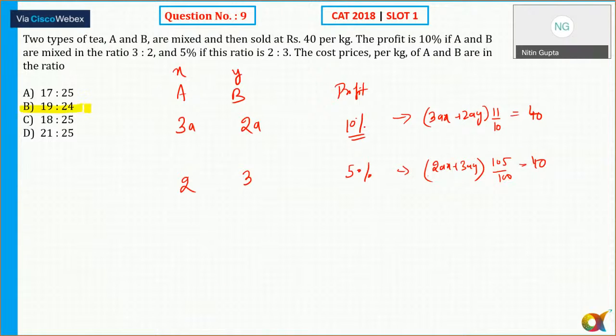The cost price ratio X is to Y comes out to be 19 is to 24.